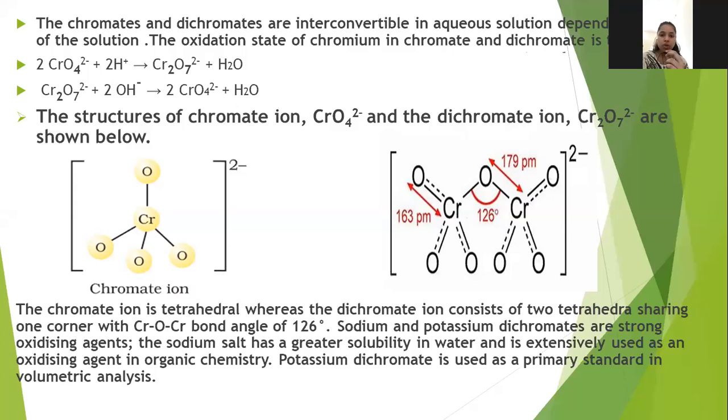So, when we react chromate with acid, it forms dichromate, and when we react dichromate with base, it forms chromate. The structures of the chromate ion and dichromate ion are shown below. The chromate ion is tetrahedral, whereas the dichromate ion consists of two tetrahedra sharing one corner with a Cr-O-Cr bond angle of 126 degrees. Sodium and potassium dichromate are strong oxidizing reagents.